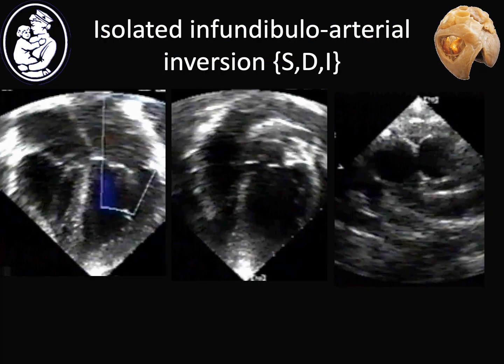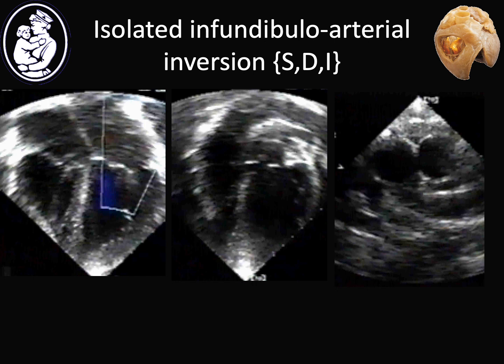These echocardiograms illustrate an example of isolated infundibular arterial inversion, SDI. There are situs solitus atria, D-looped ventricles, but inversus, normally related great arteries.